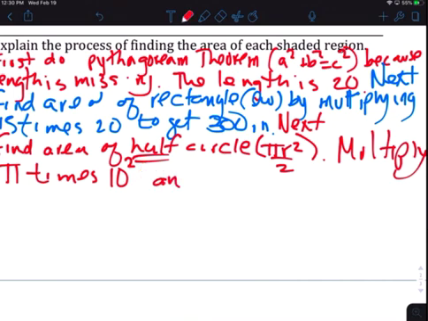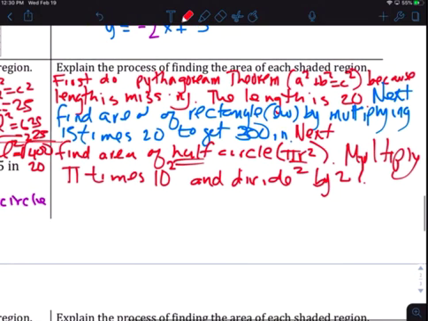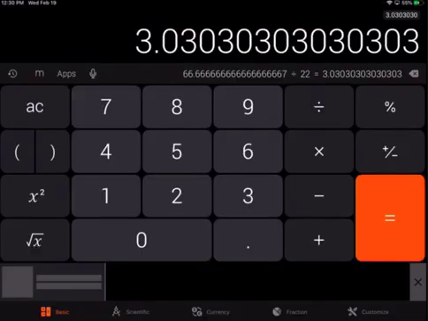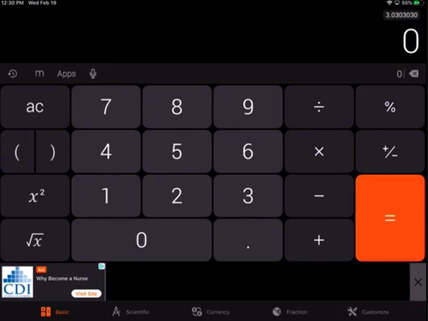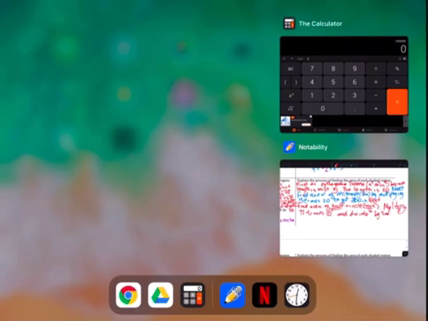And divide by 2. Then you do that on your calculator. I don't know if mine has it or not. Okay, it doesn't. So do it on your calculator, you get your answer.